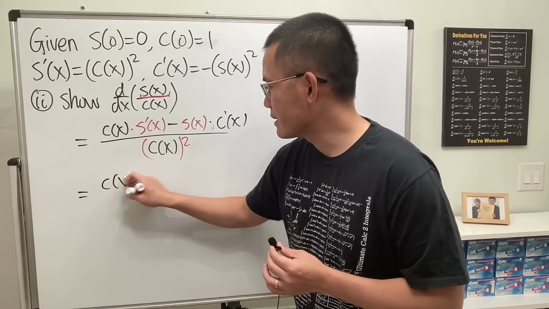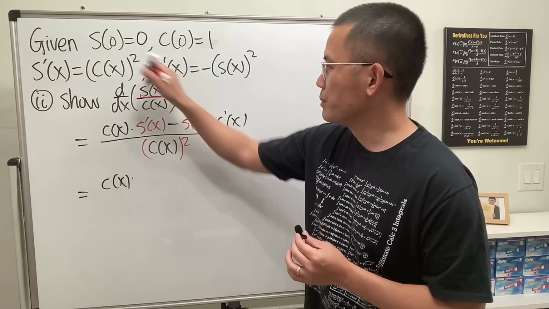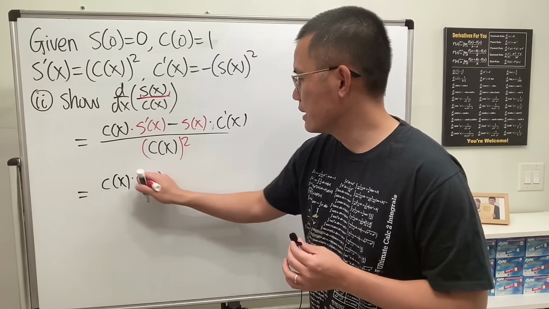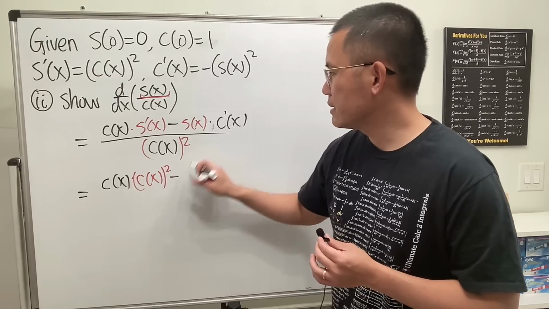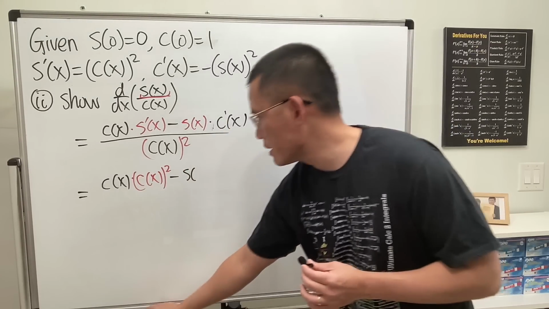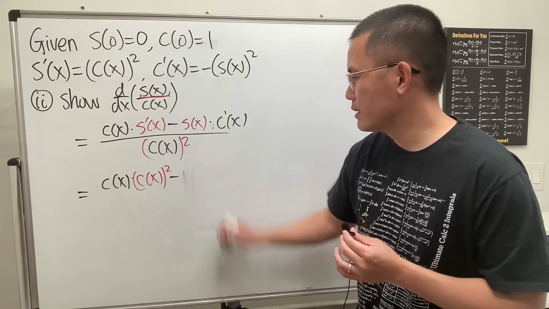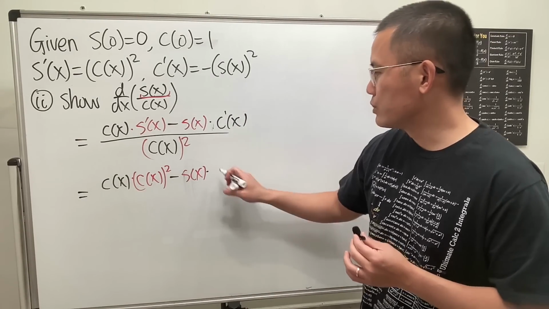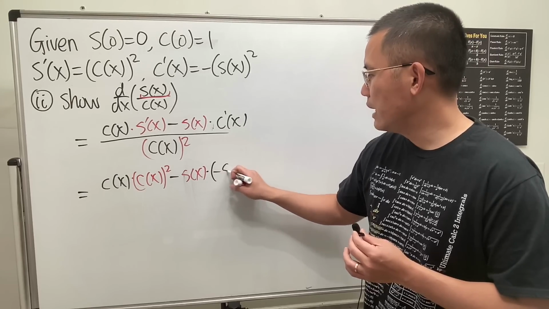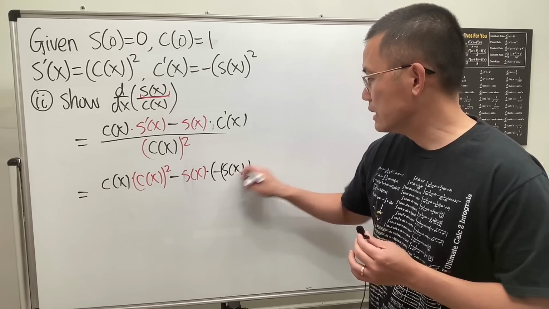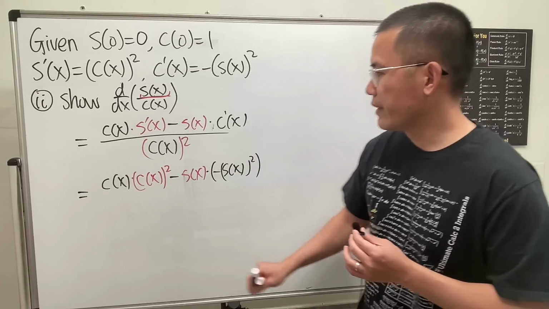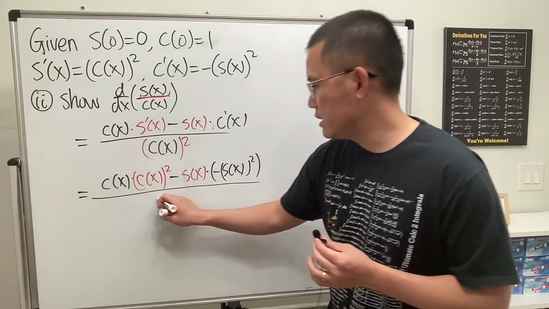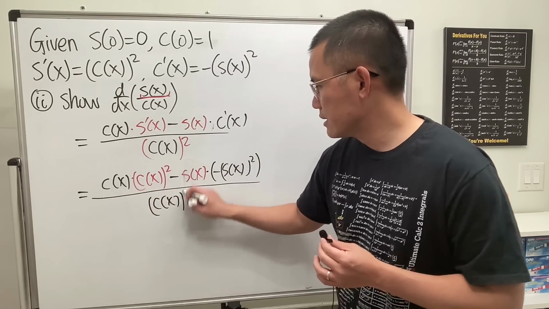So c of x, this right here is given to be that, so it's c of x, and then squared, and then minus, this is s of x, again still keeping in red. And this right here is that, which is negative, and then s of x squared, and then all over c of x squared.